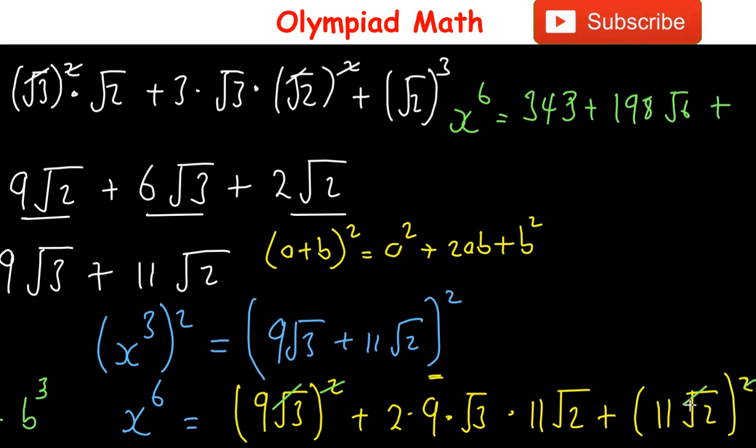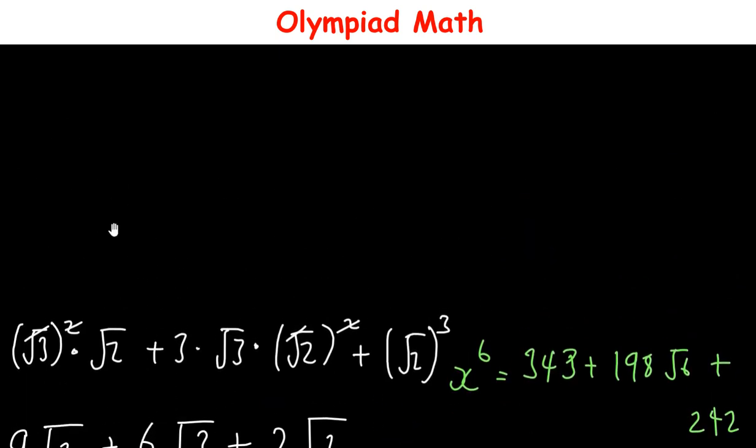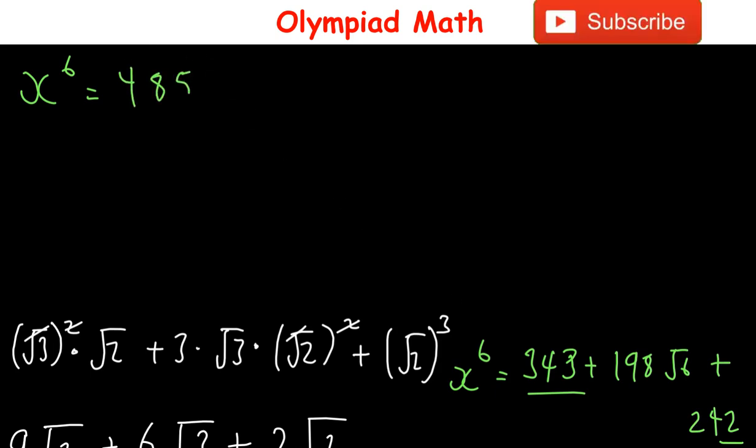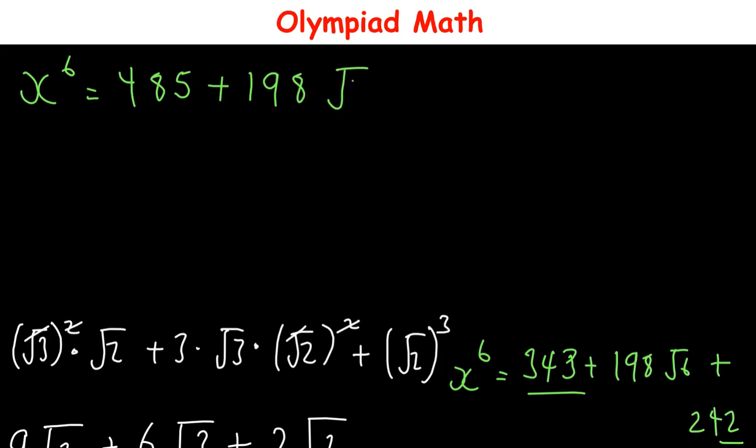The square and square root cancel. 121 times 2 is equal to 242. Next, we have the value of x raised to power 6. X raised to power 6 is equal to, so 343 plus 242 is equal to 485, then plus 198 times square root of 6. But recall that we want to solve for the value of x raised to power 7, okay?